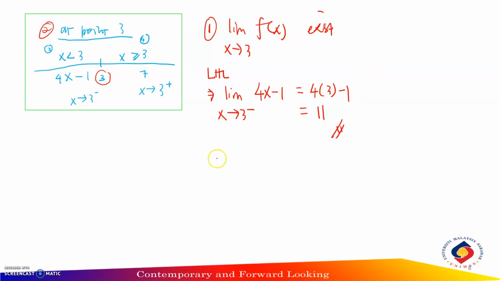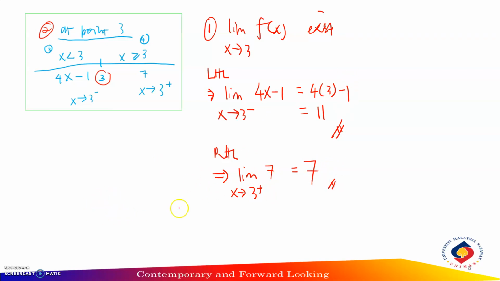For the right hand limit, we apply the same concept. Check the function: the right hand limit is on the right of 3. So the function is 7 as x approaches 3 from the right. Based on the property, the limit of a scalar is a scalar, so we have 7.